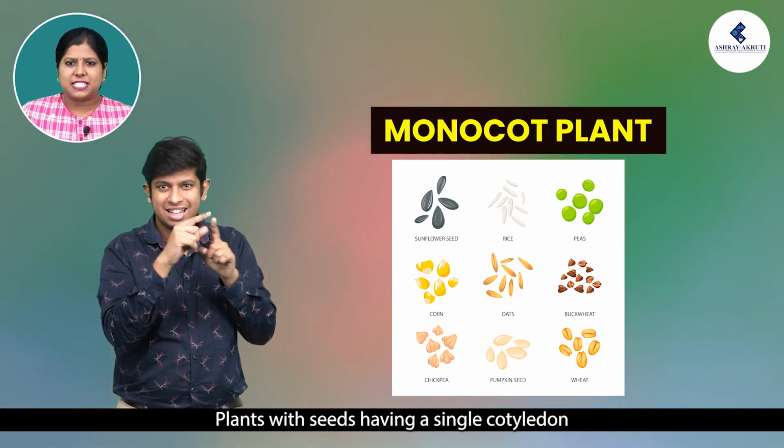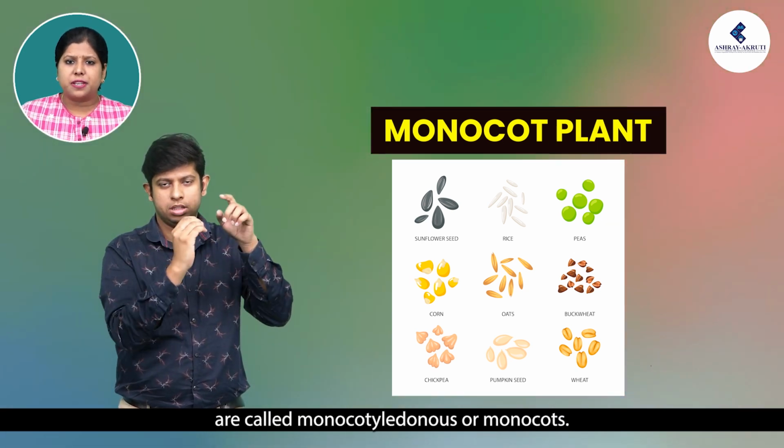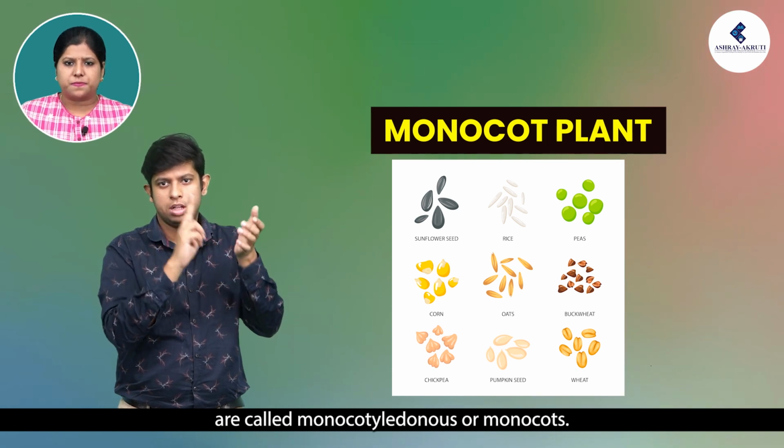Plants with seeds having a single cotyledon are called monocotyledonous or monocots.